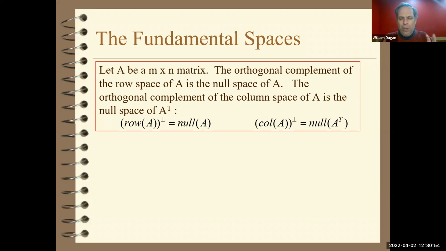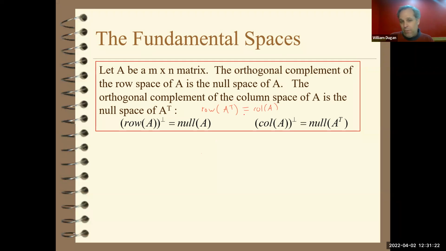One of these statements we don't even have to really prove or explain because it comes directly from the other. For example, remember that if you take the row space of A transpose, that's the rows of A transpose, which is just the columns of A. So the span of these things is exactly the same.